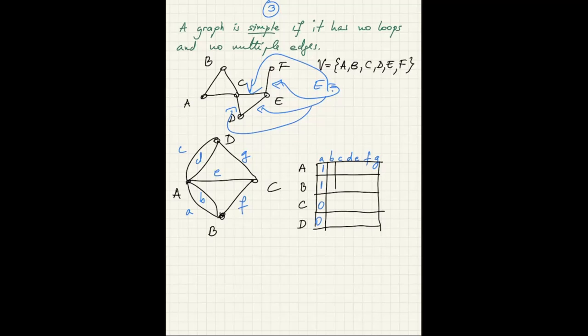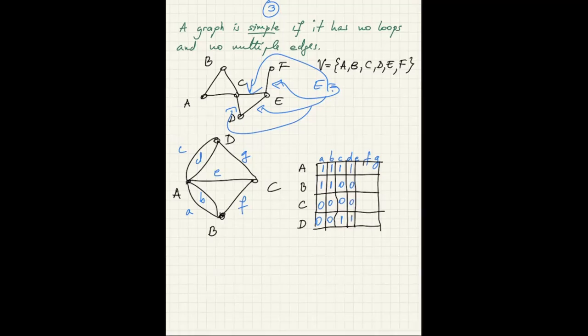And I will do the same thing for B, and B has the same endpoints, and I do the same thing for C. In this case, C is between A and D, so it's 1, 0, 0, 1. D has the same endpoints, so 1, 0, 0, 1.